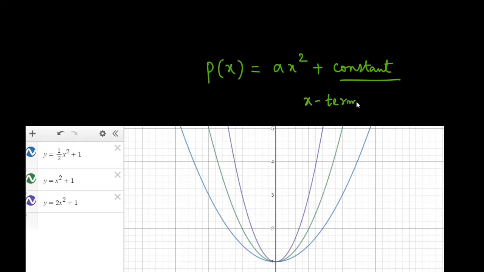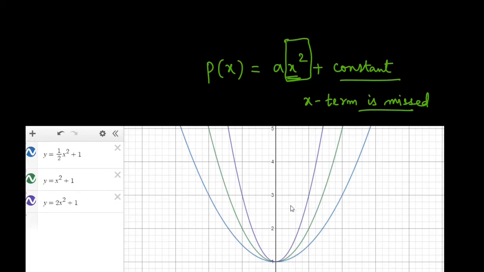The x term is missing. But in this one, ax square, x square is a complete square of x. So p of x is equal to ax square plus some constant. So here x square is a complete square in the x variable.